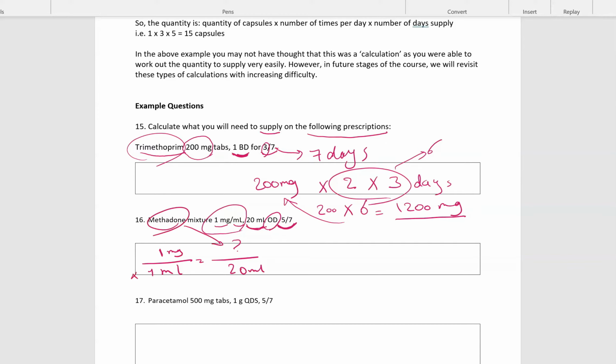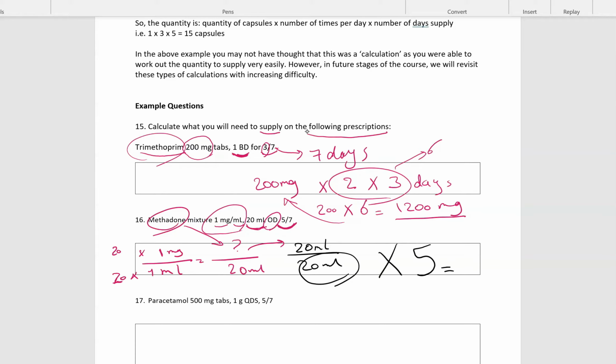If we times 1 milliliter by 20, we will times the top numerator by 20 as well. So here is 20 milligram in 20 milliliter. So every day we need 20 milligrams once a day for 5 days.